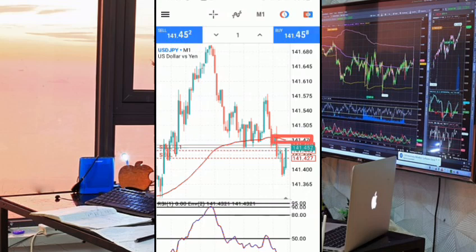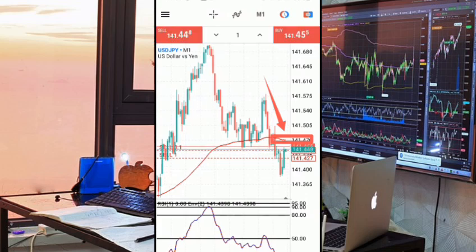So if ever price comes above just here, we are closing those two trades. Remember, our stop loss has got to be the last turning point before you entered your trades. Make sure you keep that one in mind. You can just place your stop loss there, and let's wait for price to do its thing.